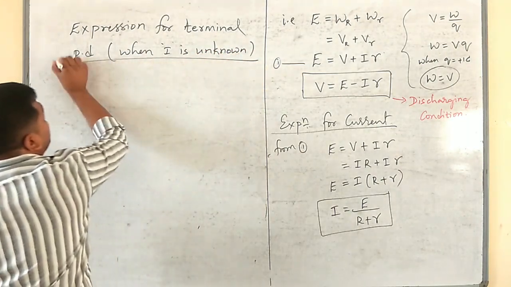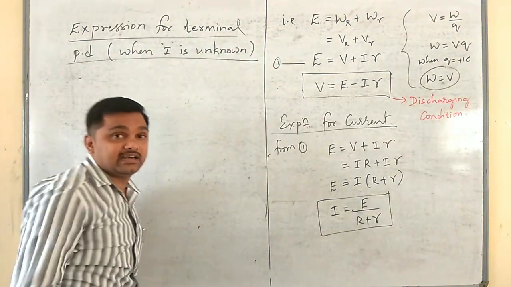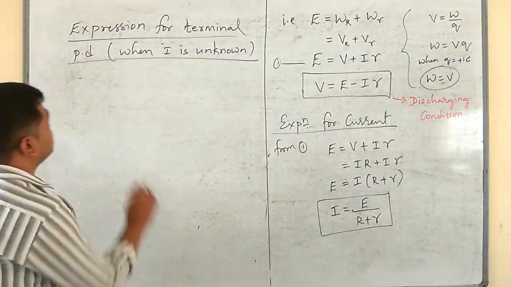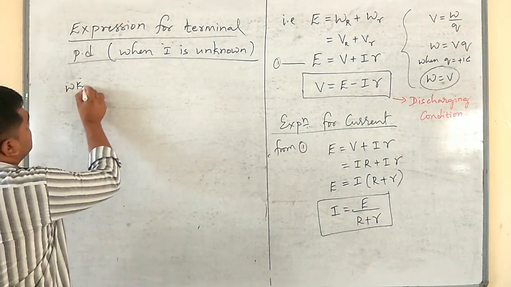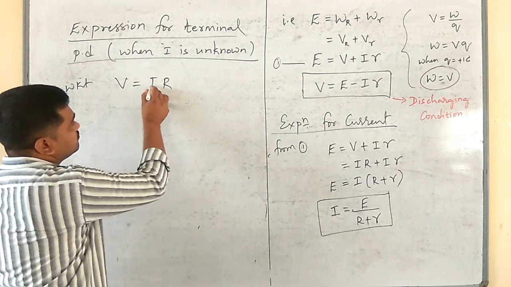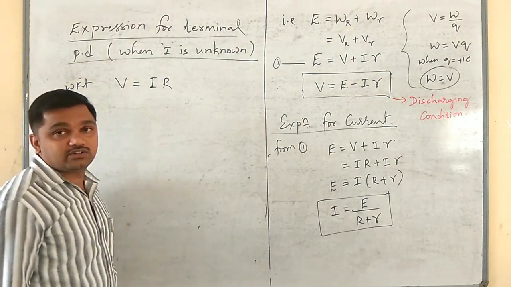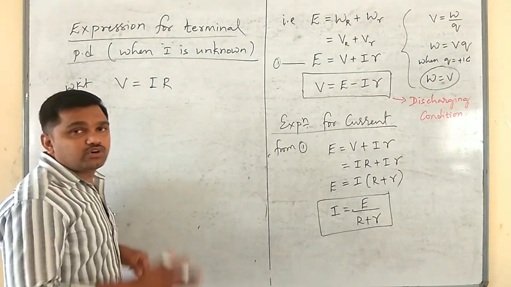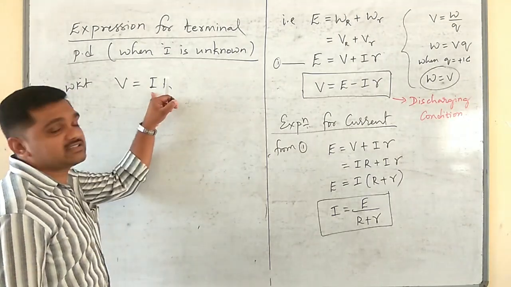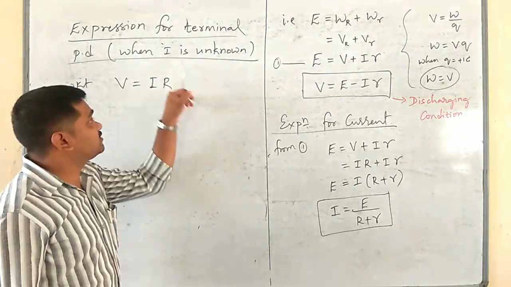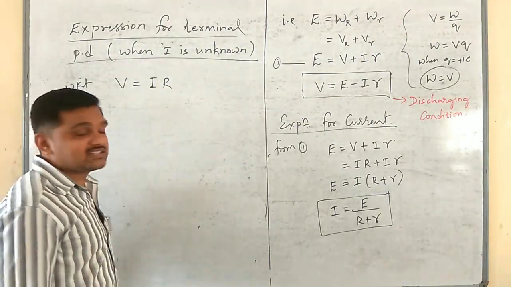When we don't know the value of I, that is the electric current, then what is the expression for V? We know that V is equal to IR, isn't it? According to Ohm's law, it is the terminal potential difference across the two terminals of the cell, because current is drawn from it and the current has passed through that external resistance capital R.